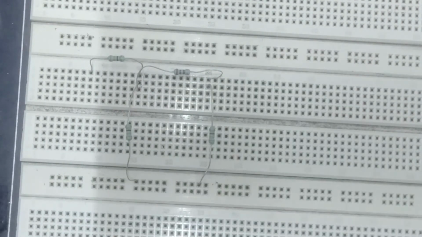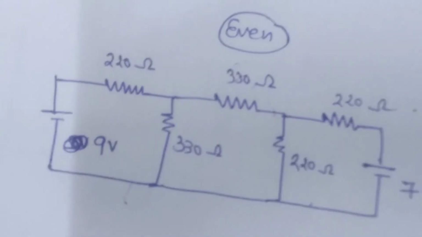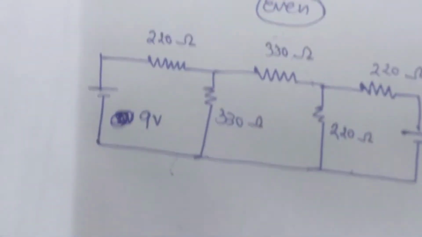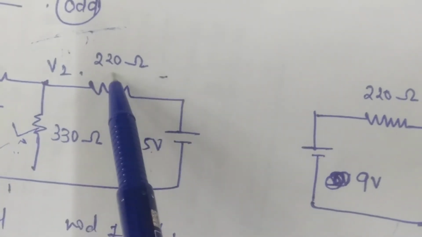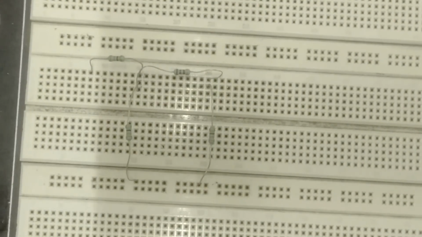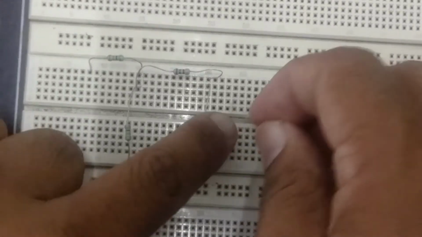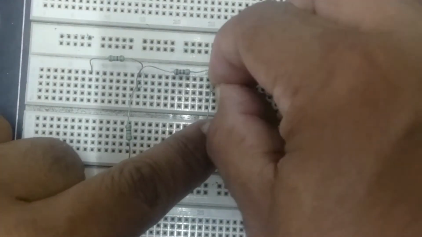Now my circuit will be like this. 330 ohm we have connected. Now I have to connect this 220 ohm resistor. So I will take this 220 ohm resistor and connect it over here.